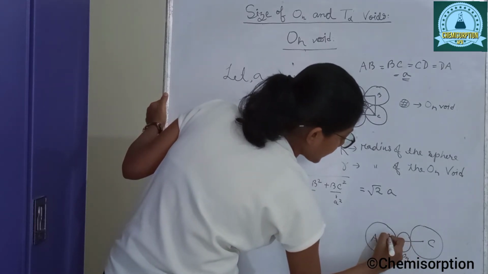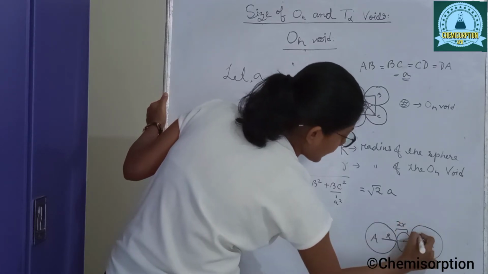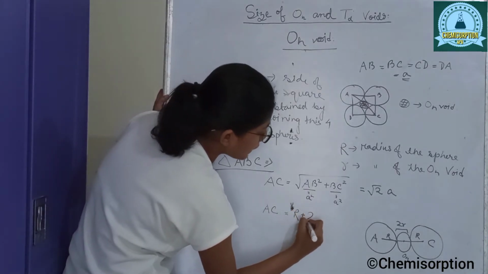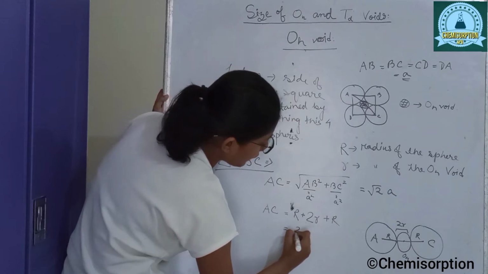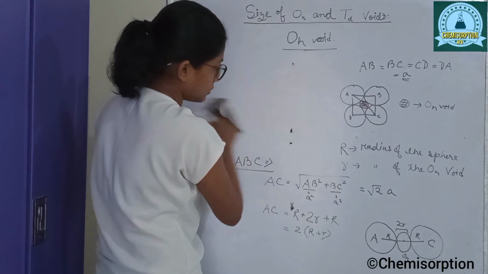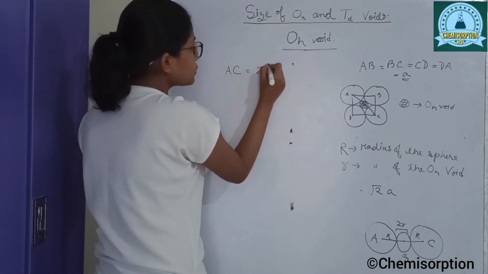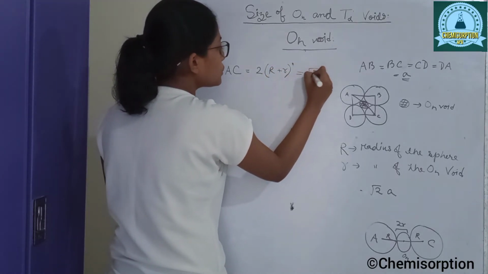So this portion will be R, this portion is twice r, and again R. So AC will be capital R plus twice small r plus again one capital R, so we have 2R plus 2r. So now we have AC equal to 2R plus 2r and also AC is equal to root 2 a.